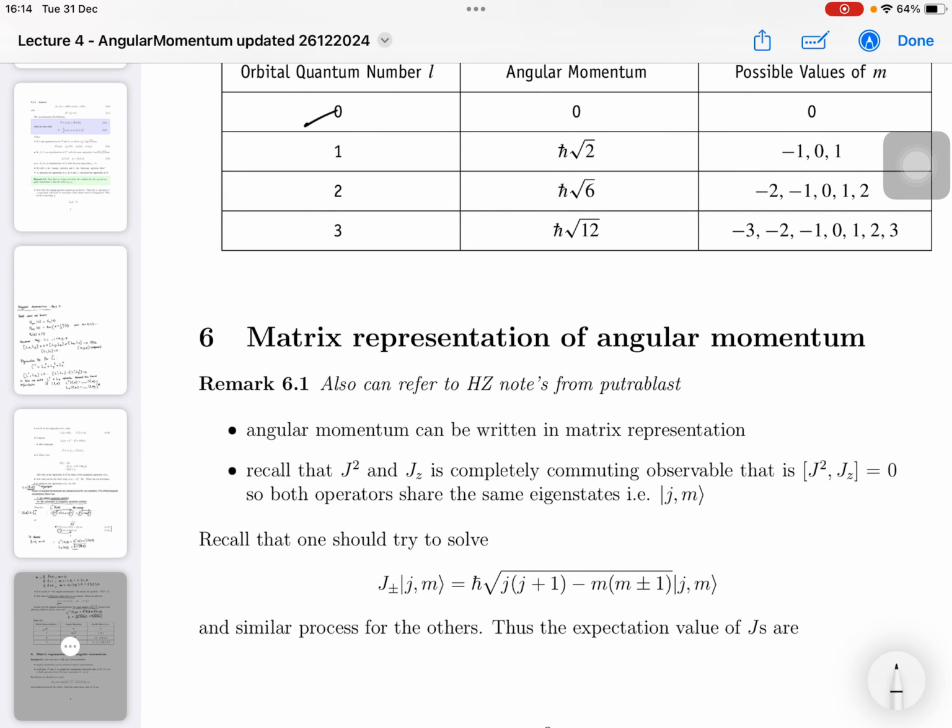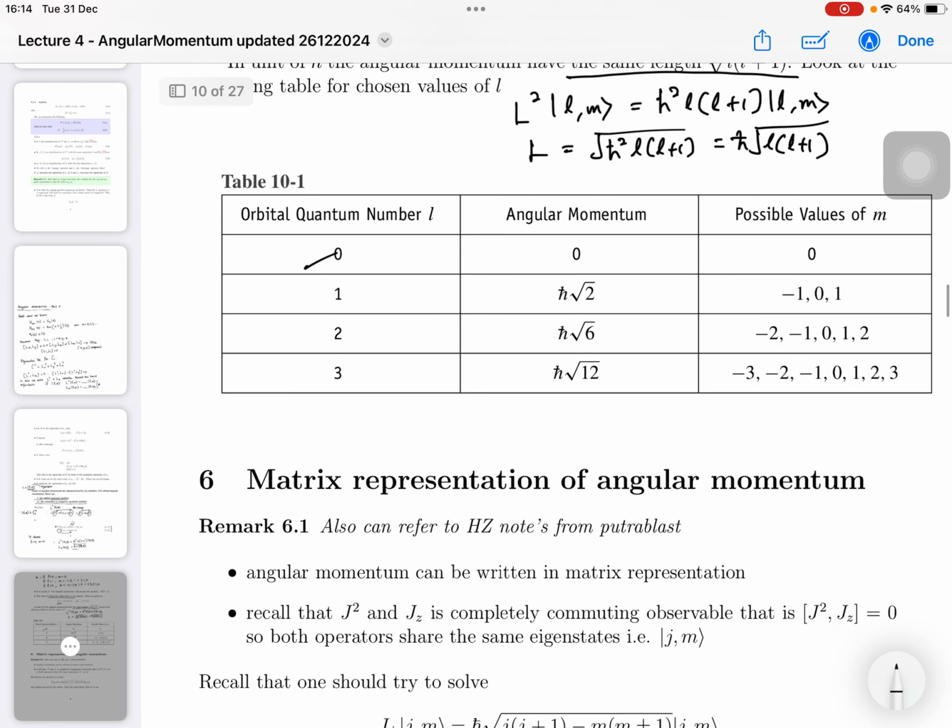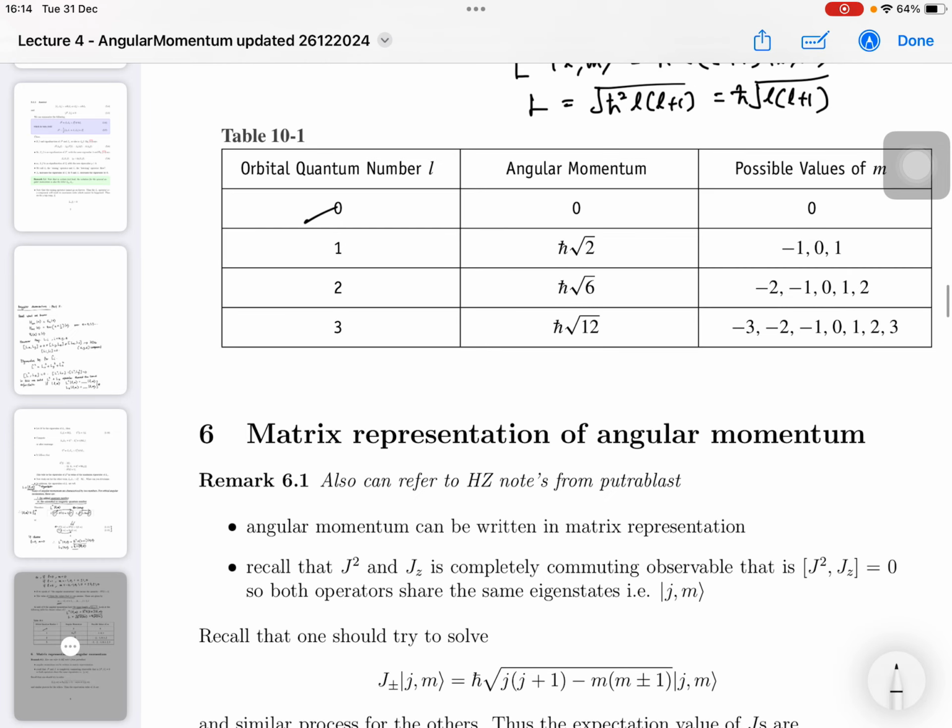Once we have that, you can compute any eigenvalue that corresponds to L squared and Lz.